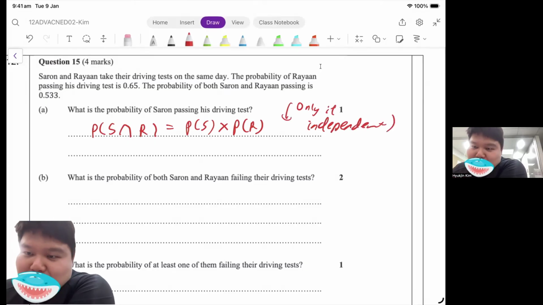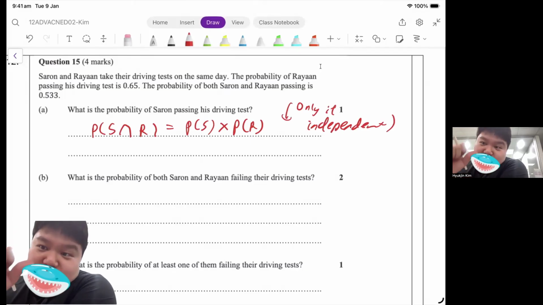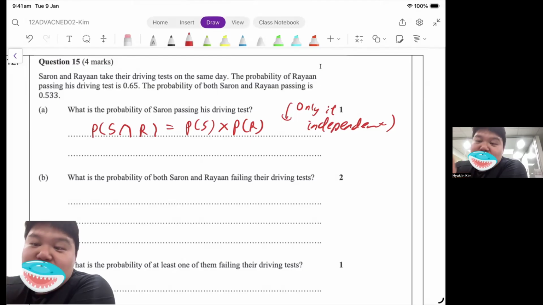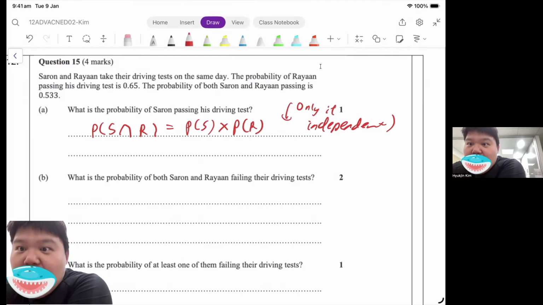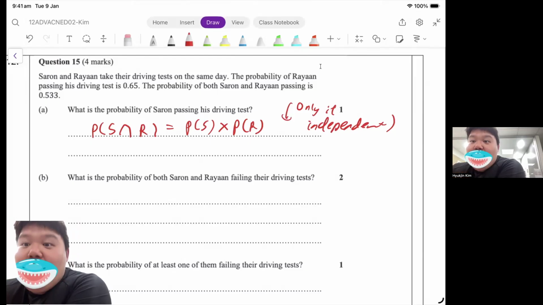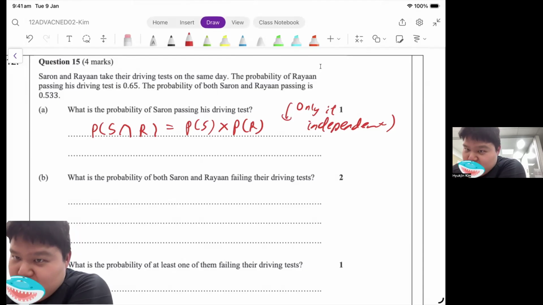Okay? Remember, and is a multiply, or is an addition. I've seen people trying to add this. Mutually exclusive changes the or, and it changes the addition. Independent changes the intersection and it changes it to just multiplication.